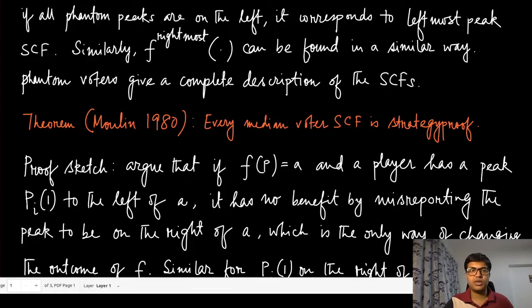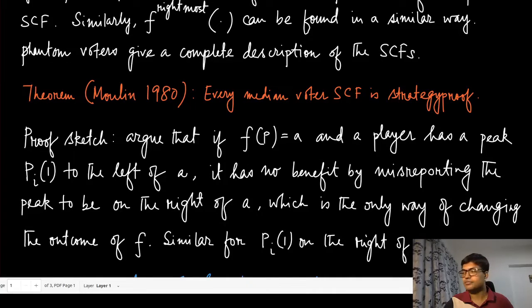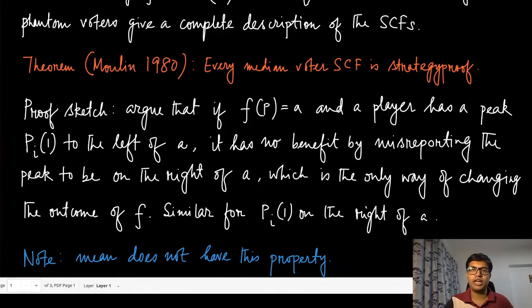That is one important result, and it is not very difficult to prove, and I will not do the proof formally, because it's in a very similar way to what we argued in the previous module for the median peak, or a leftmost peak or a rightmost peak being strategy proof: the only way an agent can alter this median is by going on the other side of the median.